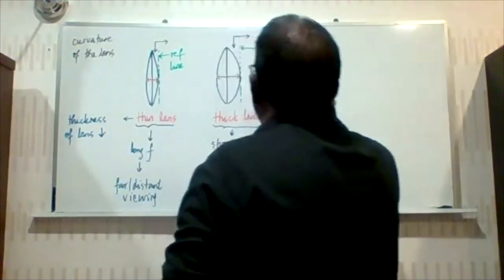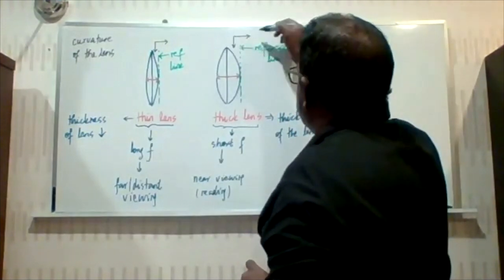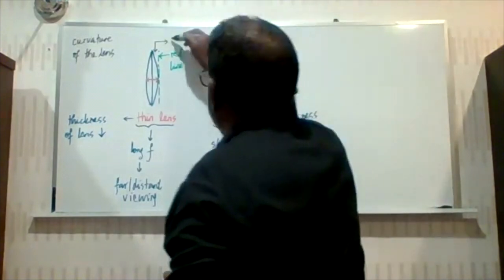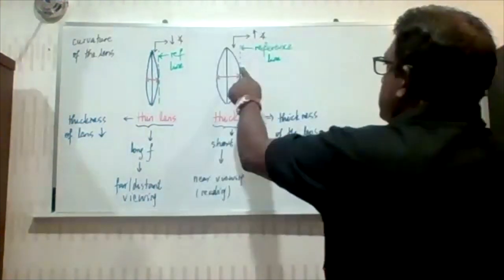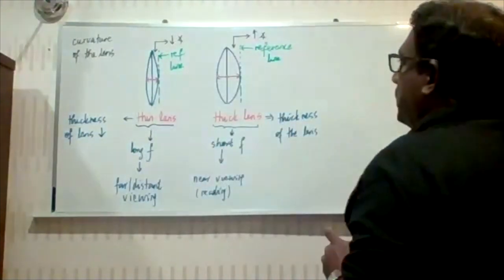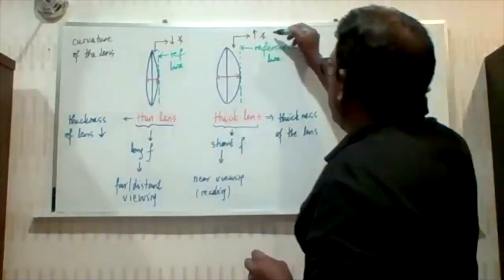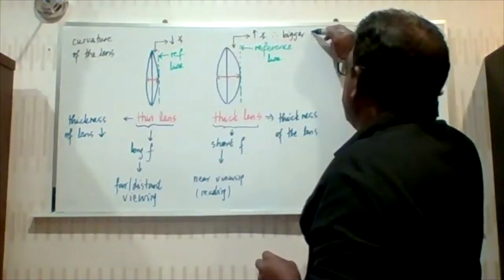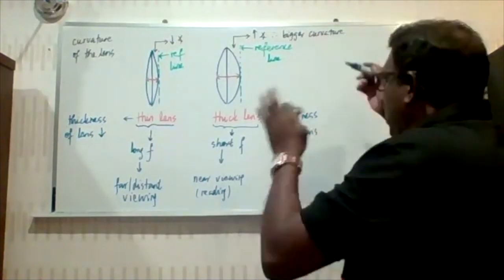This one has a bigger angle, and this one has a smaller angle. A bigger angle means bigger curvature, meaning it's curved a lot.